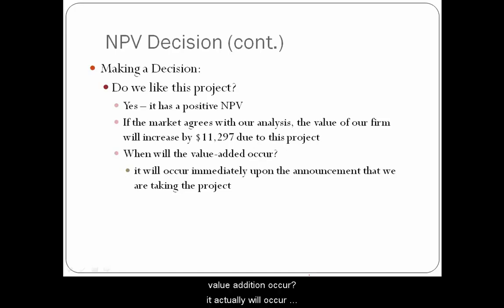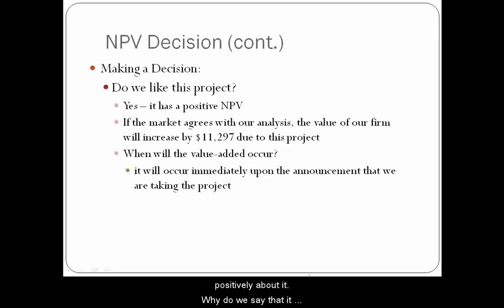Now, when would this value addition occur? It would occur immediately upon the announcement that we are taking the project. If the company is taking a positive NPV project, usually when they make the announcement, you can see the stock market react very positively about it.